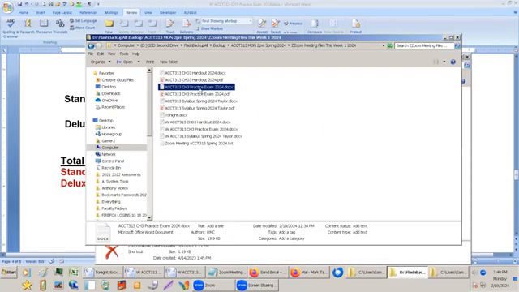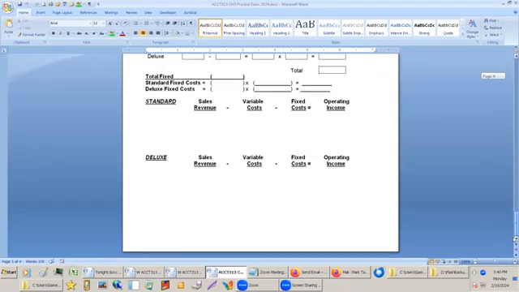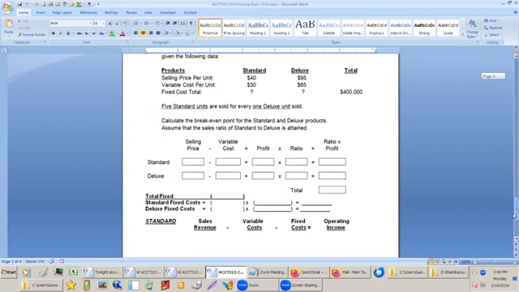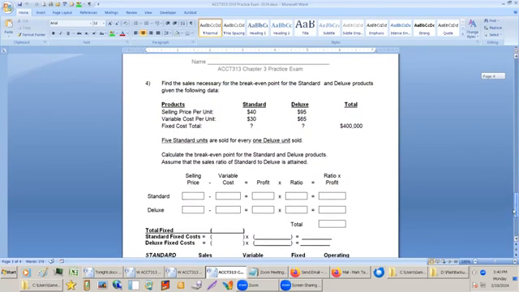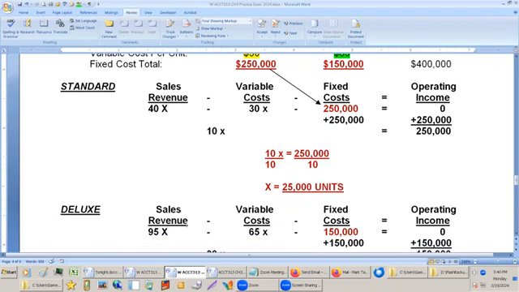I must have. I surely did. All right. Well, I'll just put it right on here. On the test, I'll put a place for your answers. We'll just put it in here.